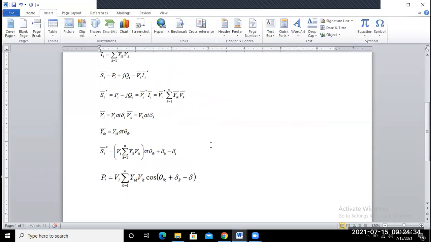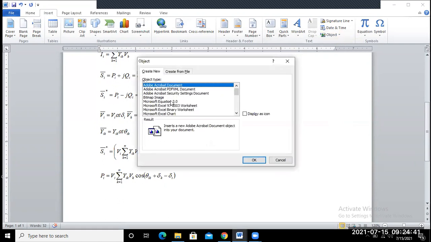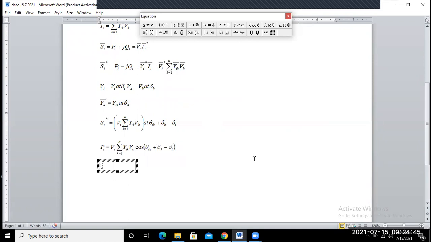Similarly, we can write the reactive power, that means Qi equal to minus Vi, summation of k equal to 1 to n, Yik Vk. In place of cos this one becomes sin.